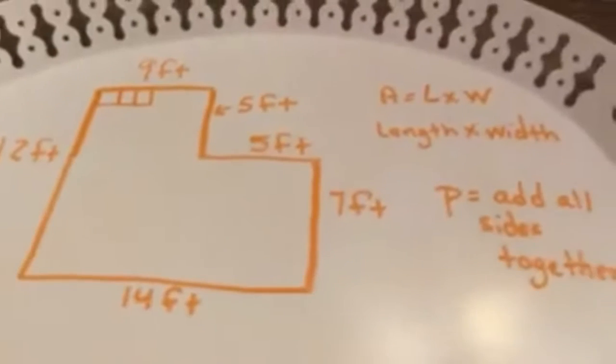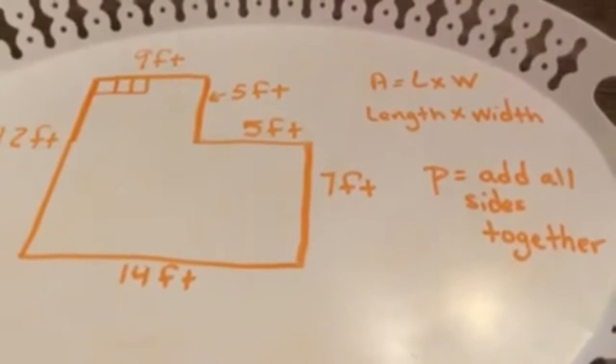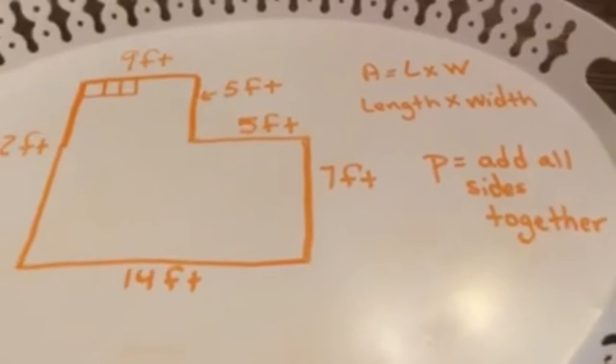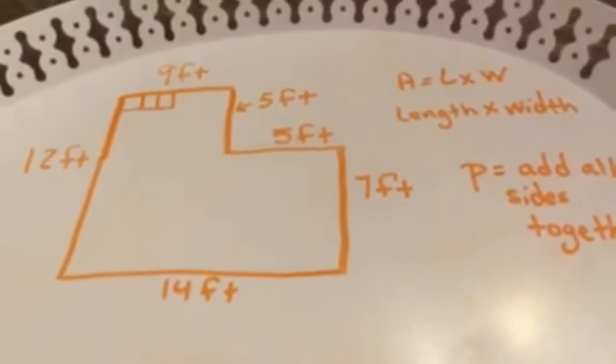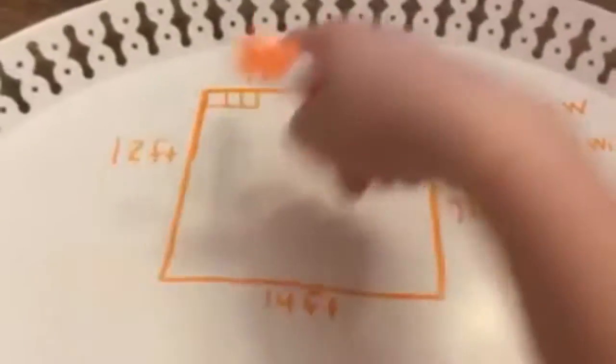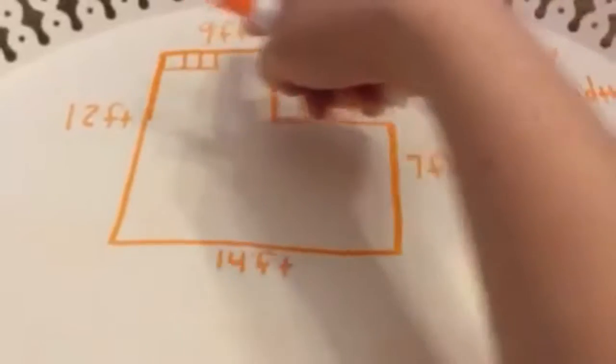We know that to calculate area, we need to know the length times the width, or we could also say the width times the length. The commutative property doesn't care. We need to know this one side, maybe the length times this side here.